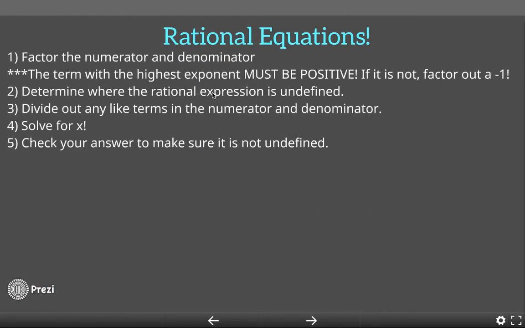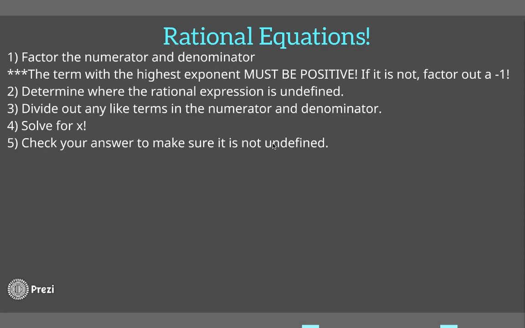After we determine where the rational expression is undefined, we will divide out any like terms in our fraction, so in our numerator and denominator. After that, we'll simplify our equation down, which will allow us to solve for x super easily. Once we solve for x, we have to check our answer to make sure it's not undefined, because if it's undefined, we'll be dividing by 0, and that's not allowed.